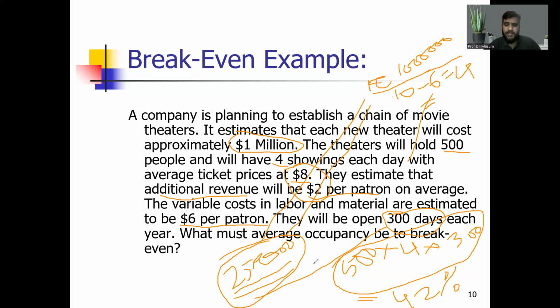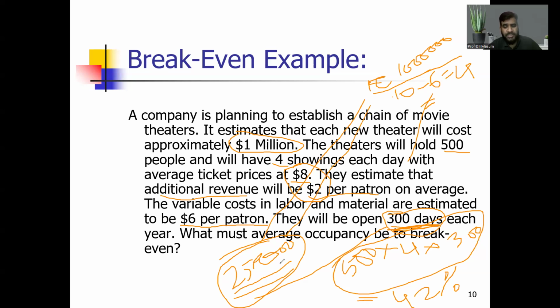Now the question is, 250,000 tickets you have to sell during the whole year, because the theater will open 300 days. But on average, every day, what percentage must be filled up? How many tickets must you sell on average per day? So you will divide by the available tickets.